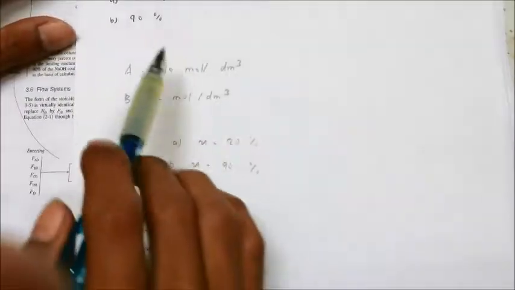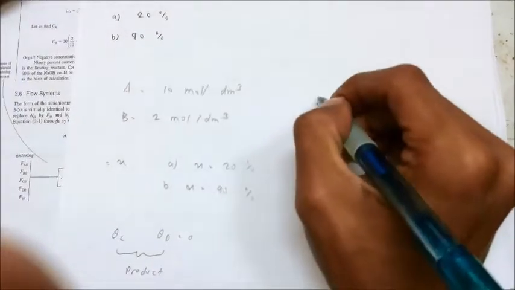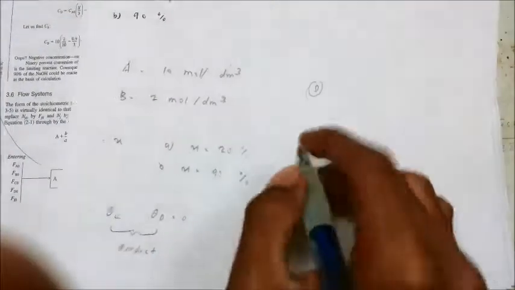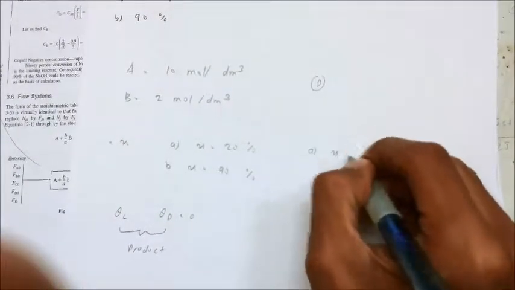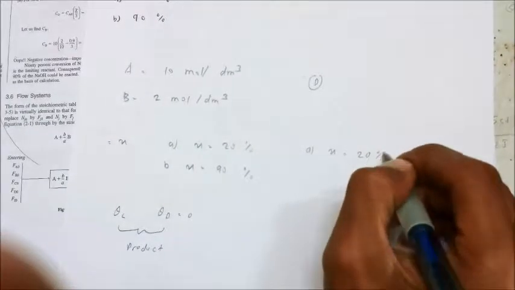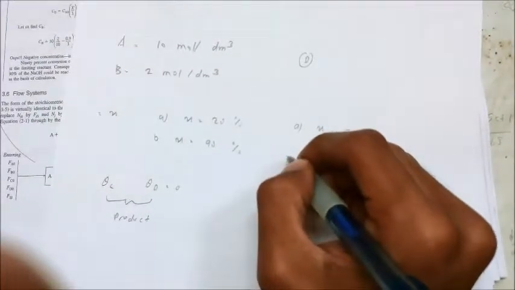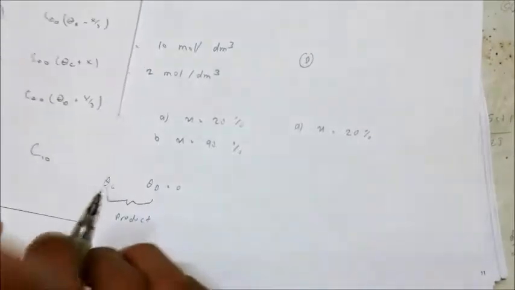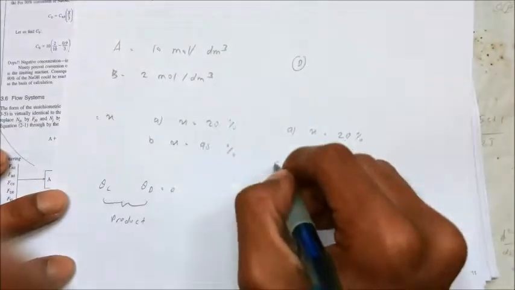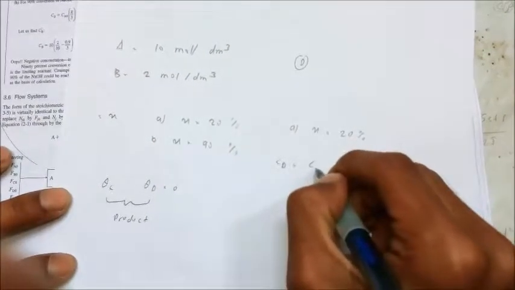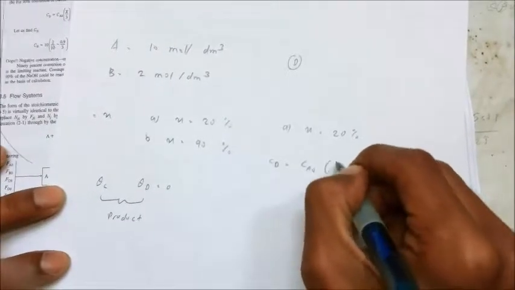Okay, so from the question, we have to calculate the glycerin. Glycerin is species D. Then for part A, X equals 20%. To calculate D, we use this equation: CD equals CA0 X over 3.